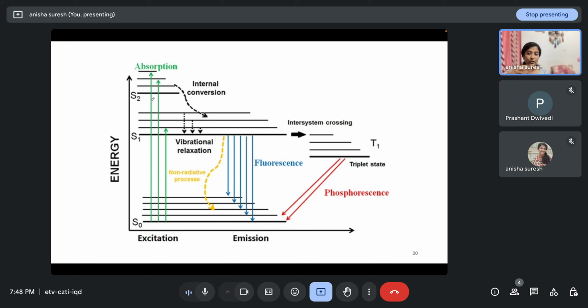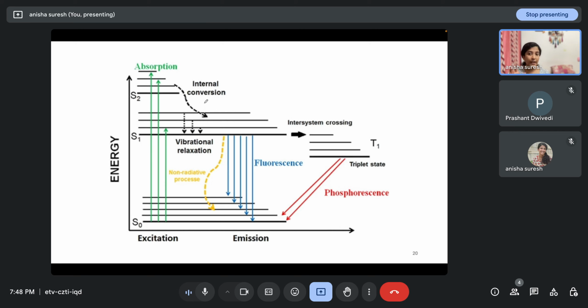By absorption of photons, the electrons will be moving to the excited state, and they can come back to the lower state by non-radiative process, which is known as internal conversion, from S2 to S1 or from S1 to S0.